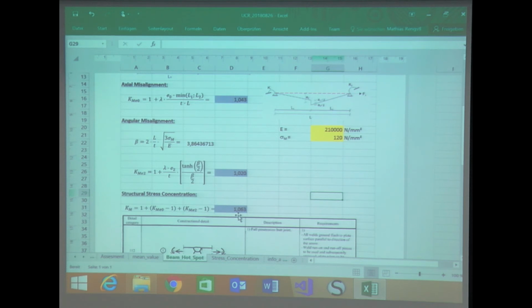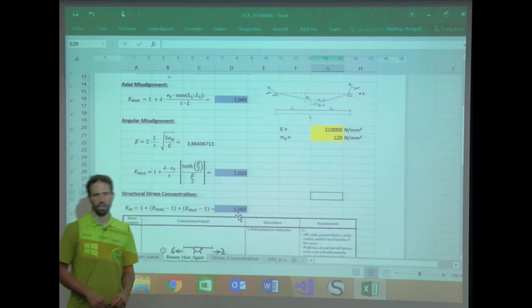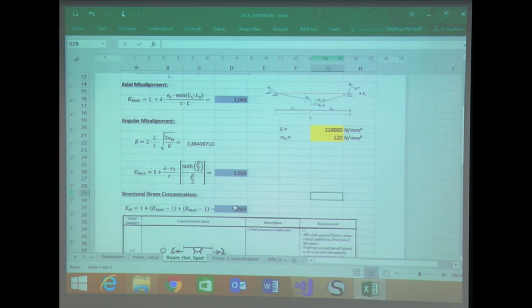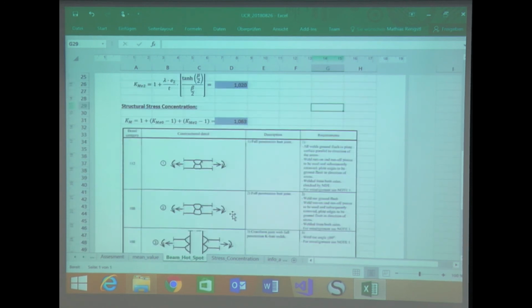So we get here at the end 1.063. For example, for our detail before, we had a notch class of 80, and since we take into account our misalignments on the side of the applied structural stresses, we also have some increase of the resistance stress, the notch class.